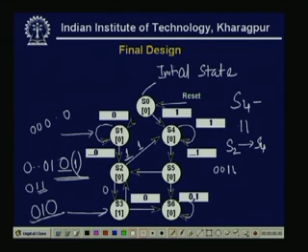Now if a 1 comes, it will be a 1 1 string, which we have already identified as state S4. S4 recognizes 1 1 or more 1s in the input string. That is why it goes from S2 to S4.